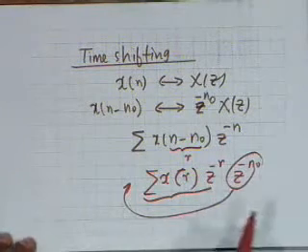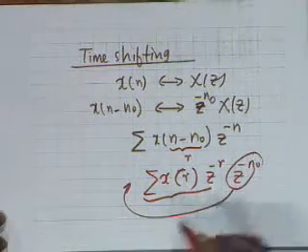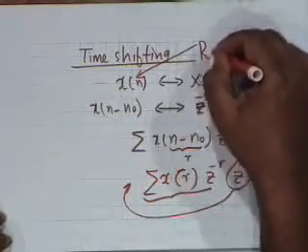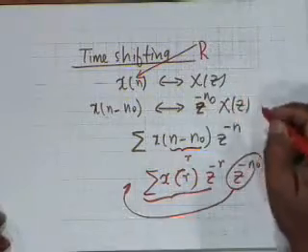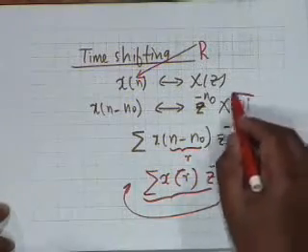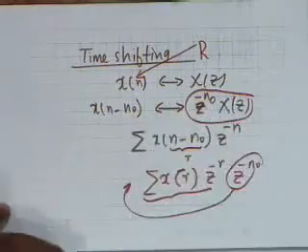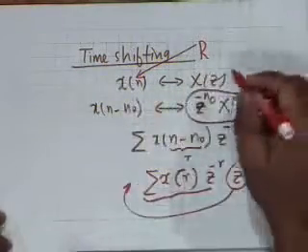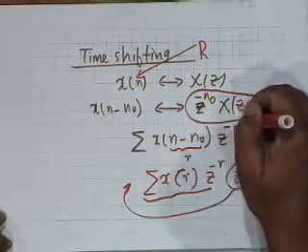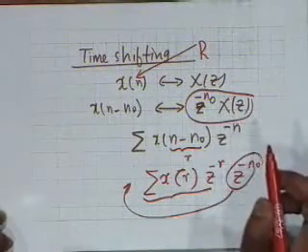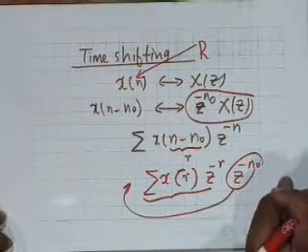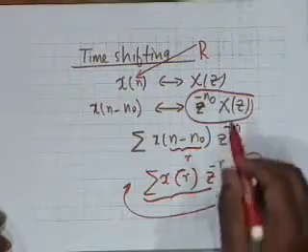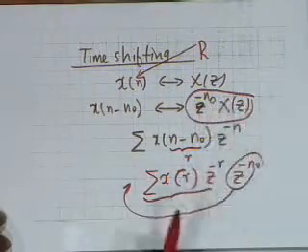The proof is elementary, but several points have to be noted. That is, if capital X of Z has the ROC R, then the transform of x of n minus n0, that is the delayed or advanced sequence, is also R except for the point at the origin, which may have to be qualified because you are multiplying by Z to the minus n0.